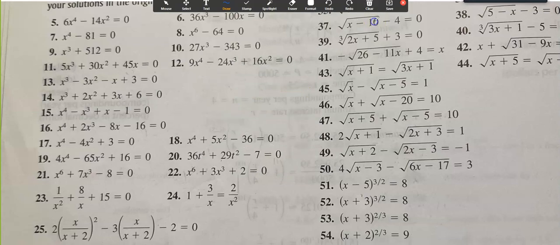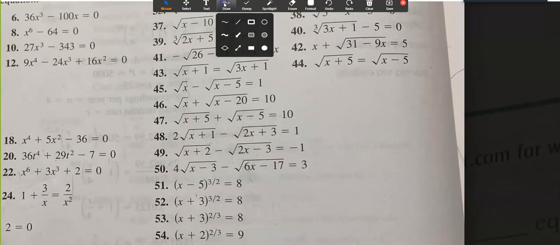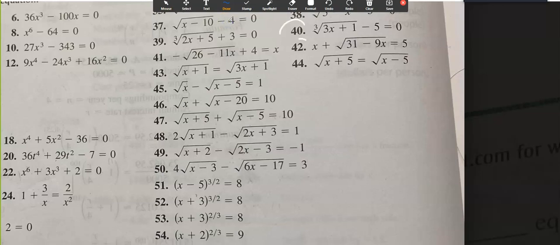Okay, what's next? Which one? 42. 42, okay. We'll be doing both 42 and 44, the next two on the homework. Okay, 42 and 44. Okay, so remember the idea of getting the radical by itself?